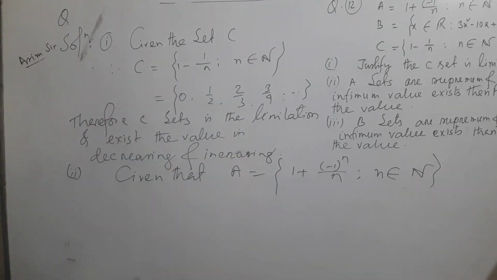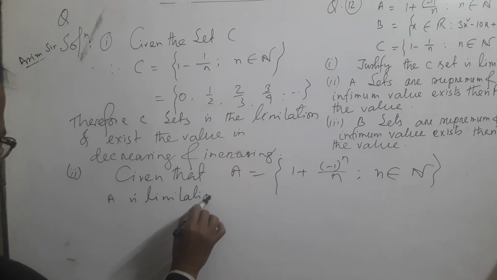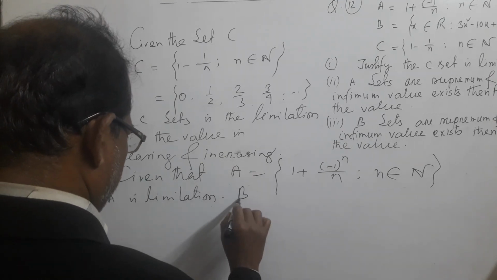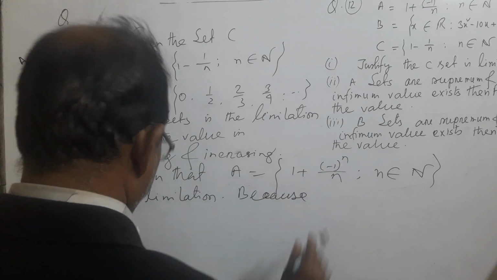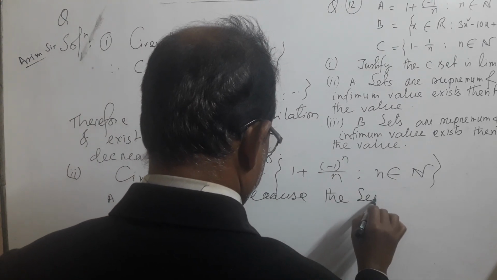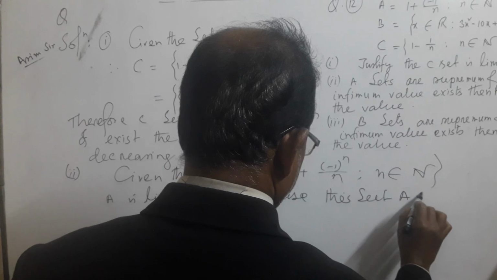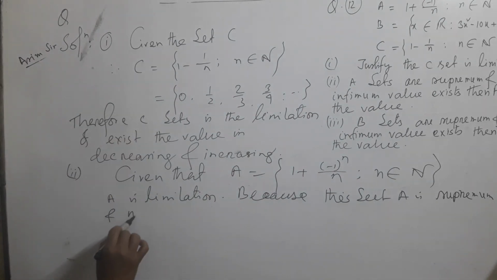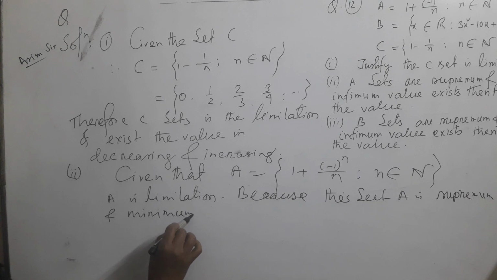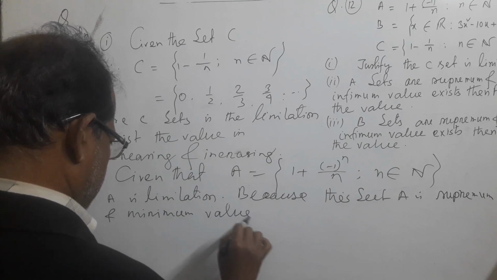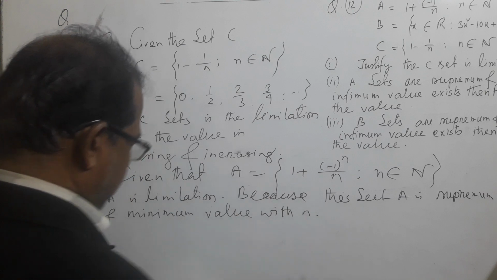That's why A is bounded, because this set A has a supremum and an infimum value with n.